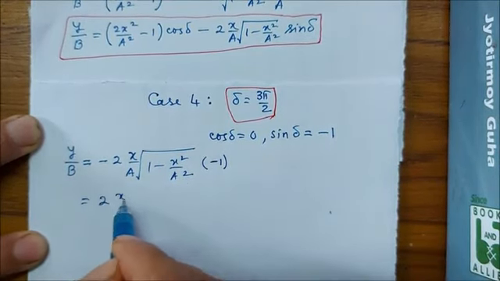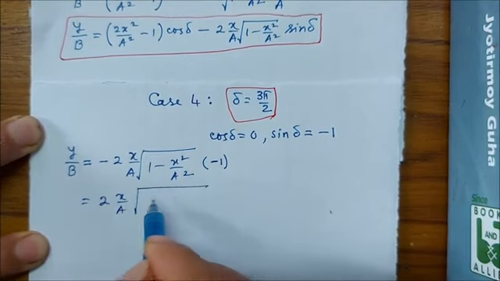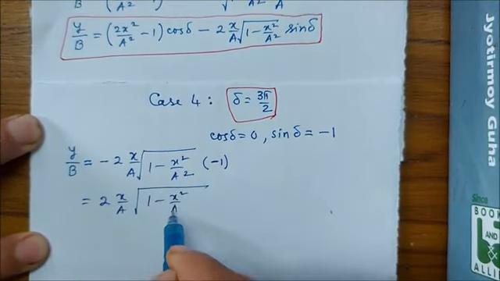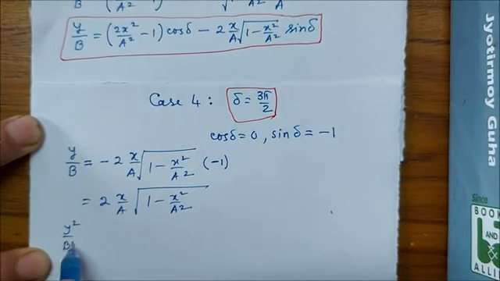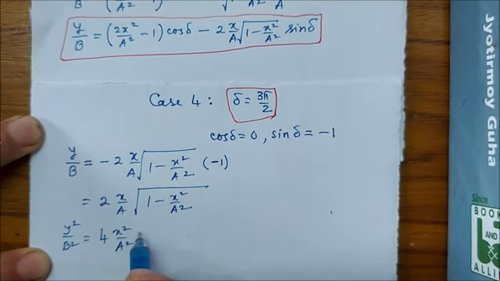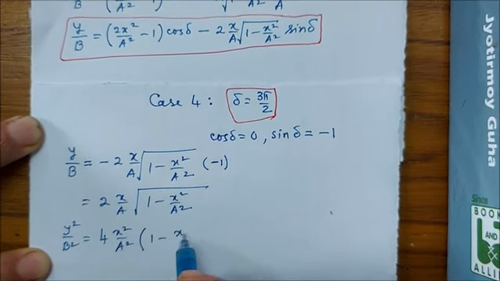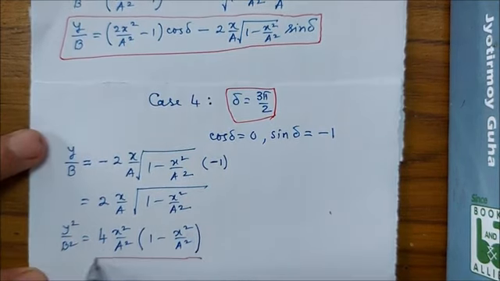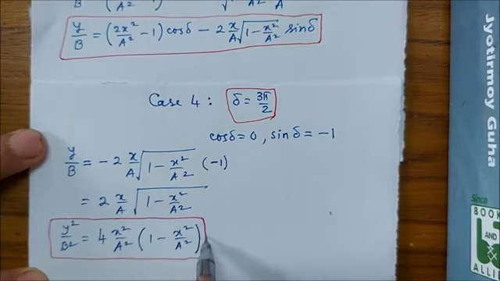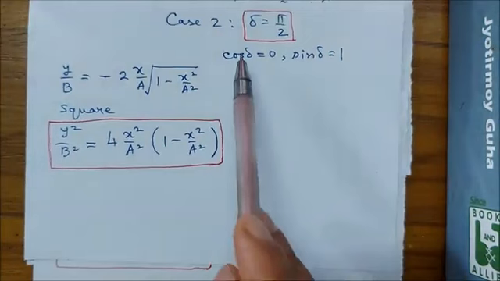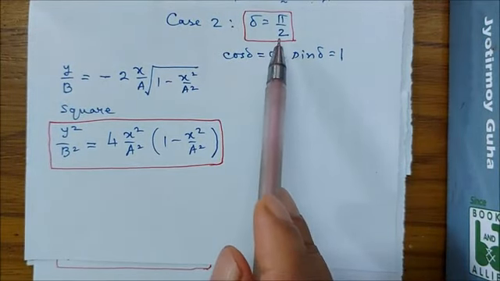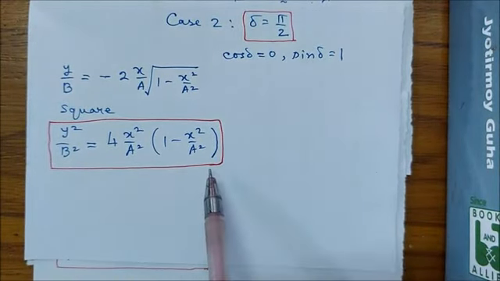So we have, and squaring we get, which is the same equation that we got for case 2, which was delta equal to pi by 2, and this is the equation.